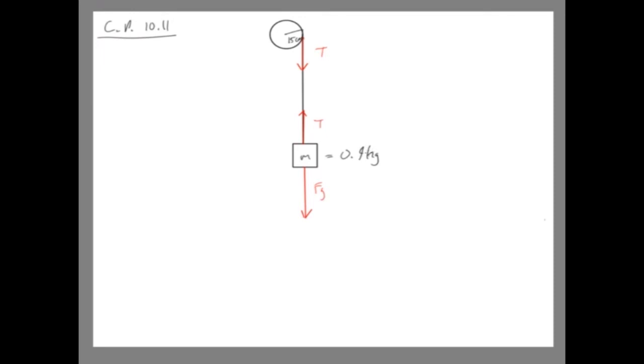So we have a 4 kilogram mass, and it is hanging. So when we draw our forces, it's got a force of gravity downward and a tension upward. And the wheel has a 15 centimeter radius, and the only force acting on it that creates a torque is the tension.